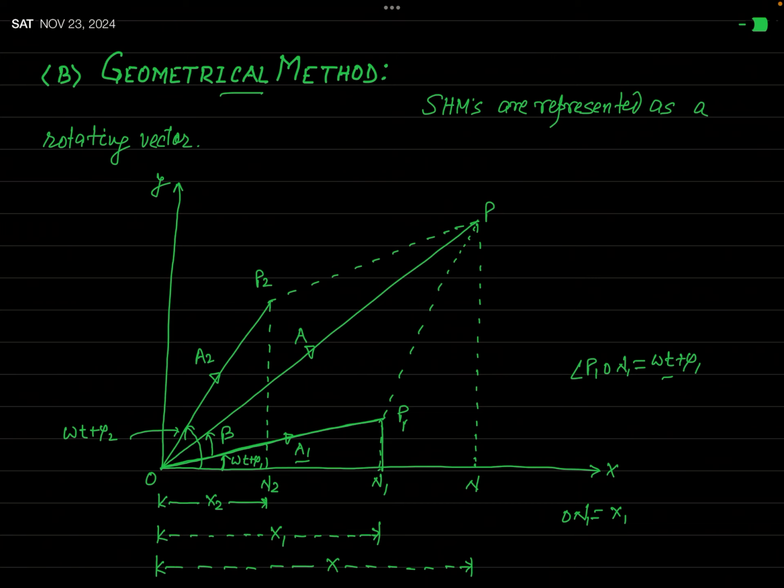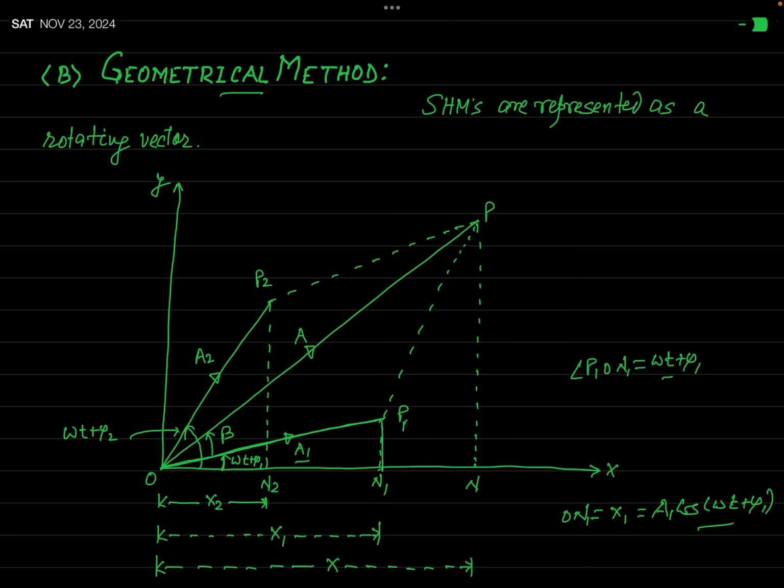So x1, which is the displacement of our first oscillator, is the projection of the amplitude of the first oscillator in the x direction. From the figure, since A1 makes an angle omega t plus phi 1 with the x-axis, x1 will be equal to A1 cos(omega t plus phi 1). And this equation represents the first simple harmonic motion.